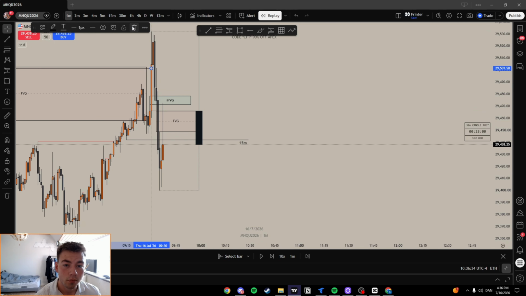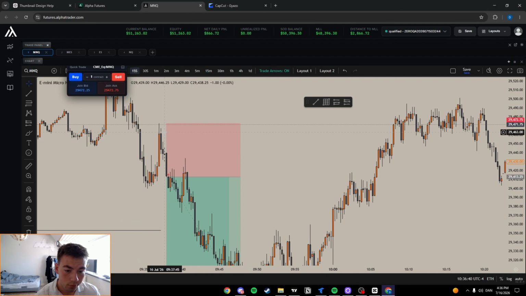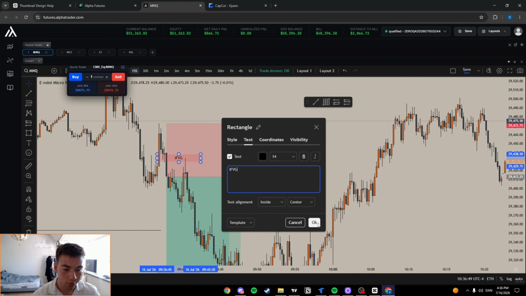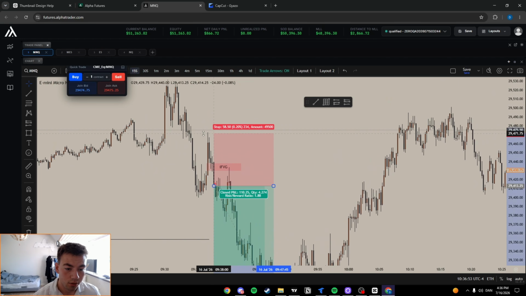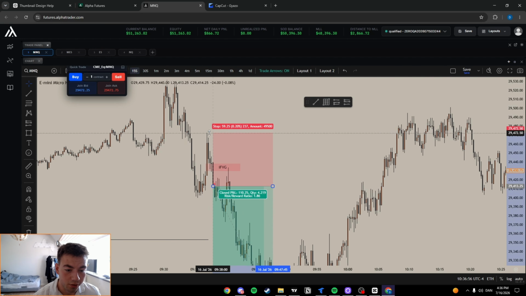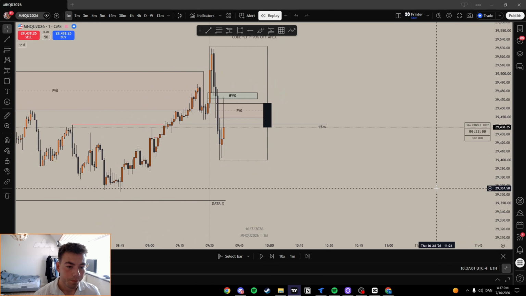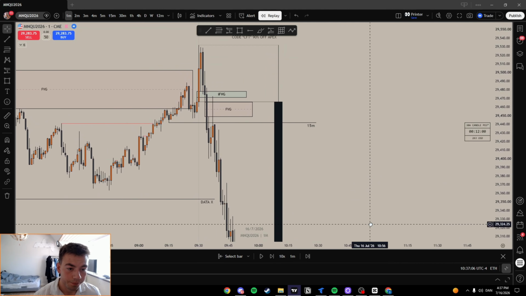So yeah, we touch the 1 minute gap right here, and we get this 15-second inversion right here, iFVG. And I decided to take my trade and hold it for Asia lows. Now this high right here should be protected if my bias is correct, and it was. And as you can see, it played out all the way down to Asia lows TP.